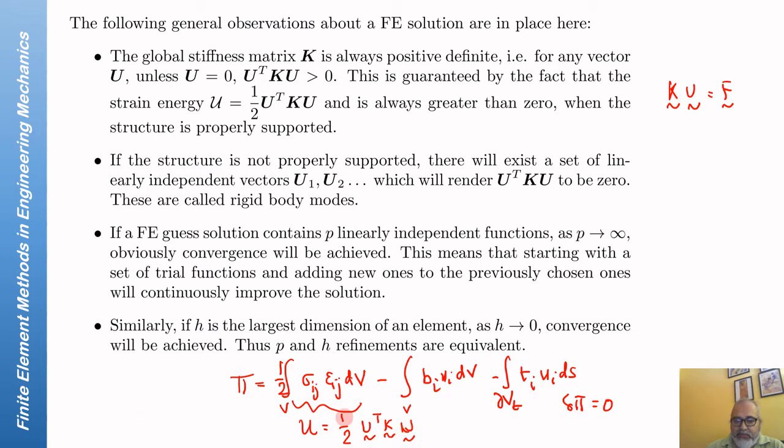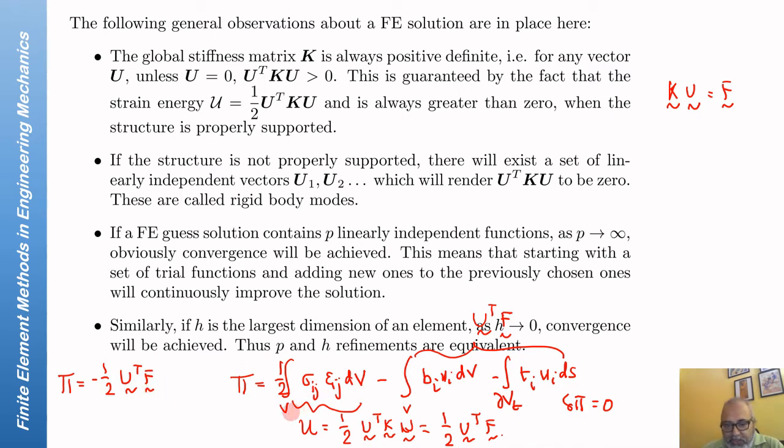And this together is U transpose F. So U transpose KU is equal to half U transpose F, because KU is equal to F according to equilibrium. Therefore, pi is minus half U transpose F.